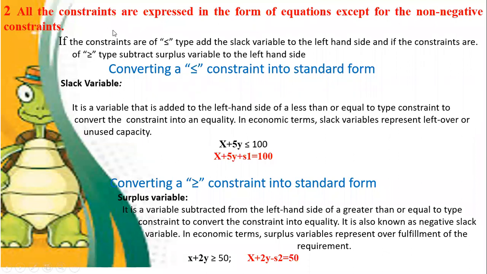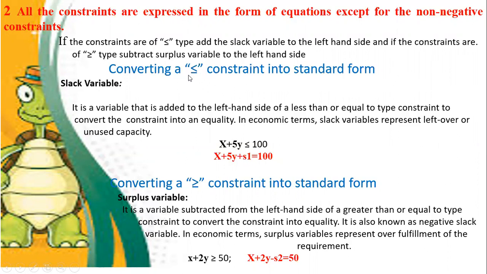Next, all the constraints in the problem should be expressed in the form of equations, except for the non-negative constraints. There are two types of constraints, lesser than or equal to, or greater than or equal to. If you are converting a lesser than or equal to constraint into standard form, add a slack variable.